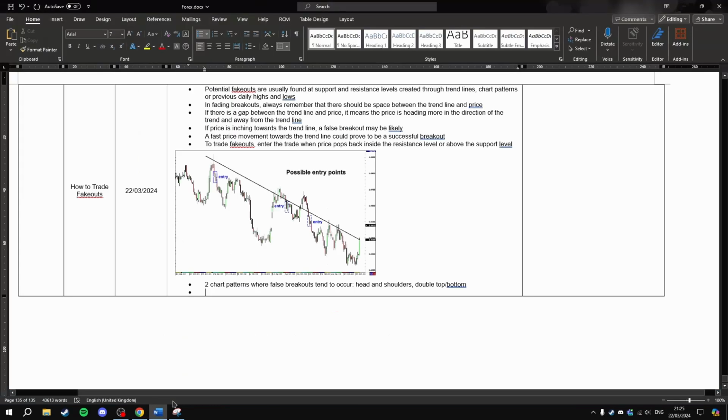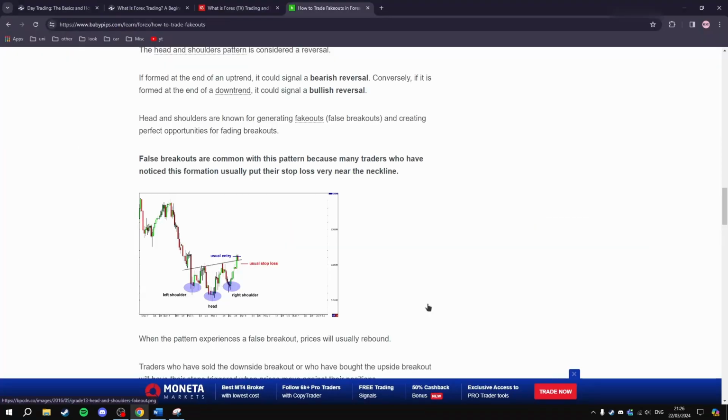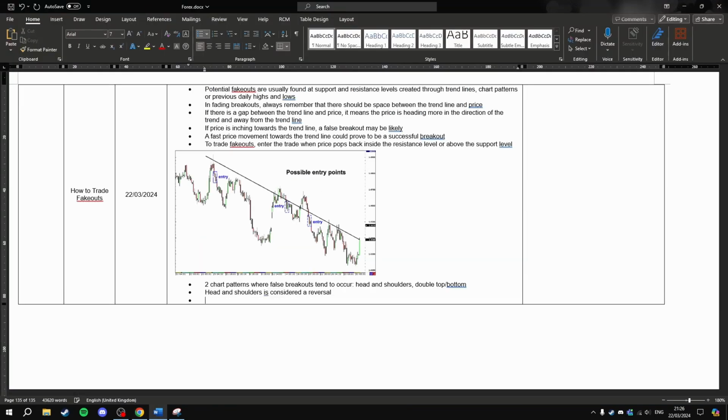Head and shoulders is considered a reversal. If head and shoulders is formed at the end of an uptrend, it could signal a bearish reversal.